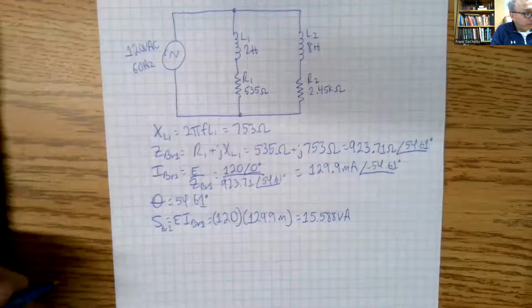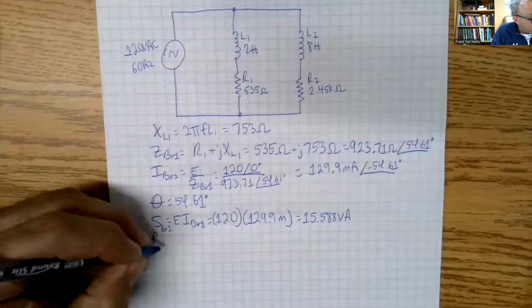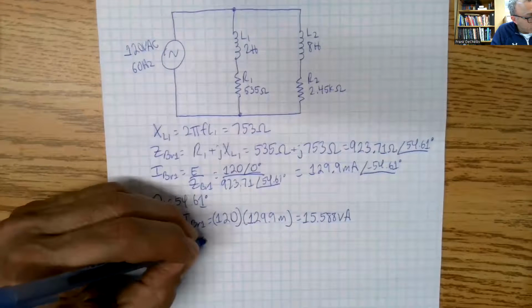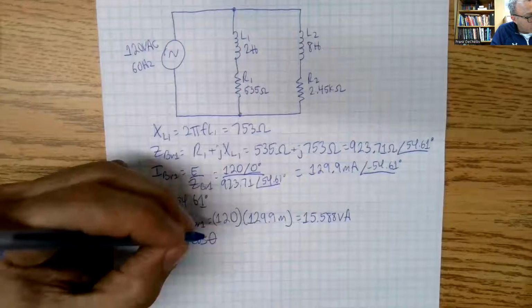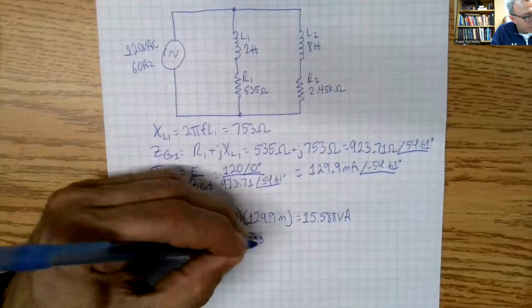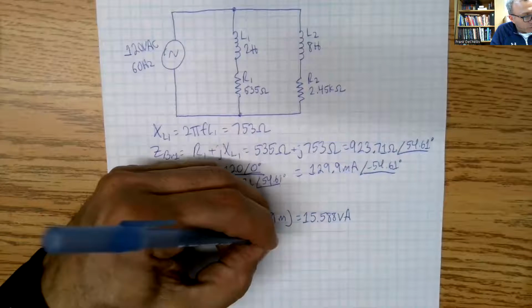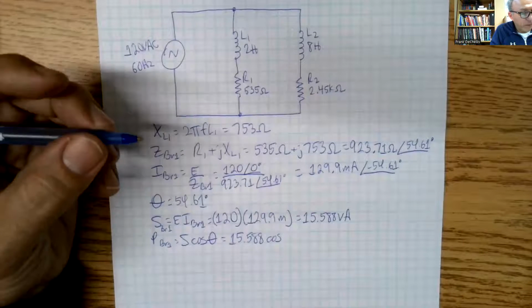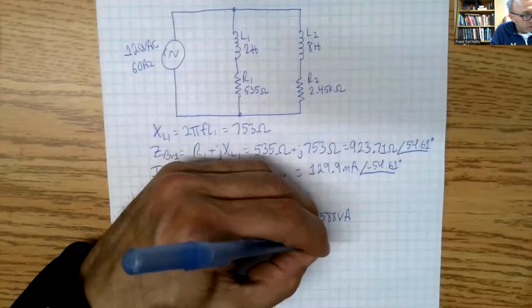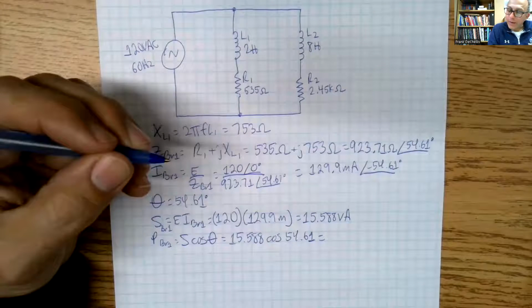Now the power in branch 1 would be equal to S cos theta, which is 15.588 times the cos of 54.61.